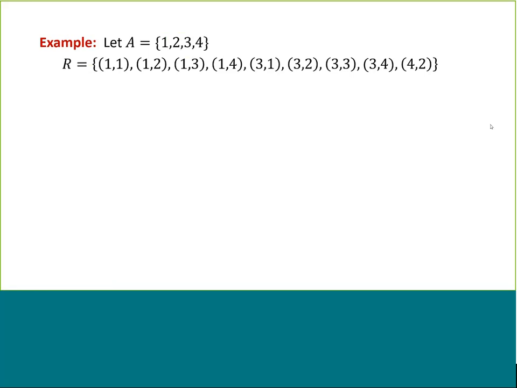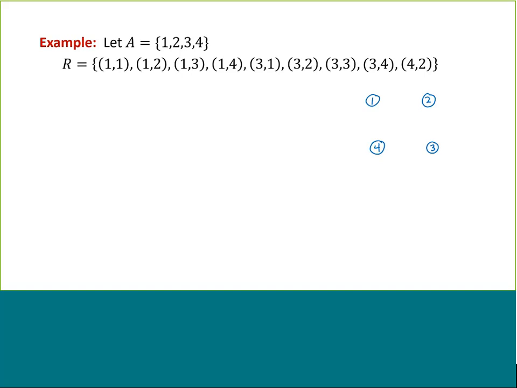All right, so if we draw this out with its digraph, first we draw out the building set, so that's 1, 2, 3, and 4. Then we transform all of the ordered pairs into arrows.